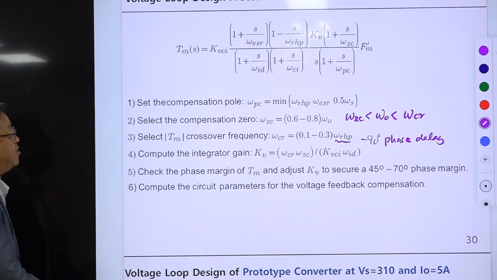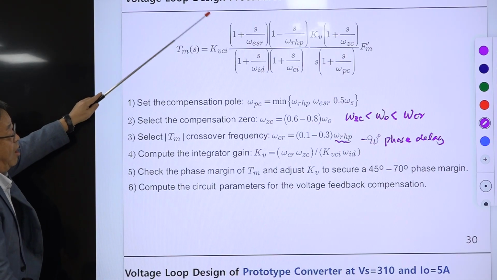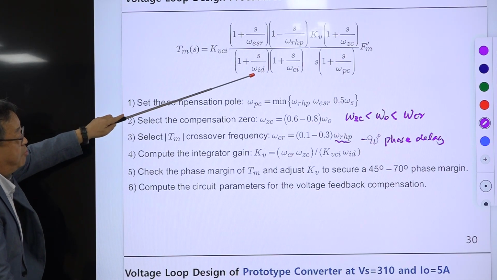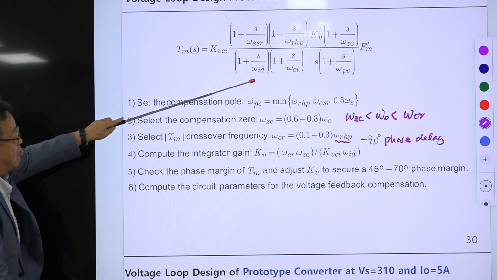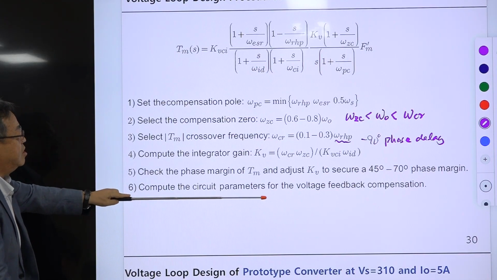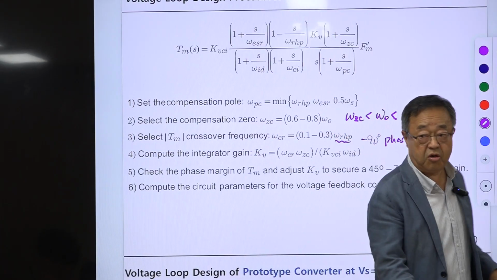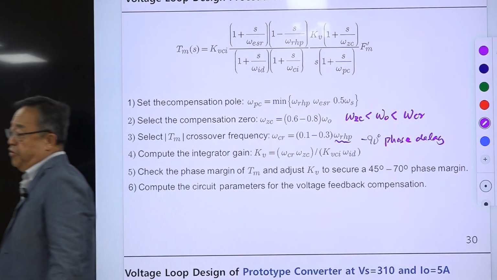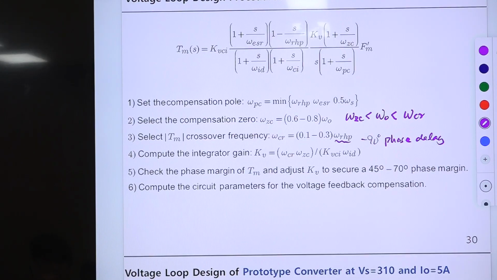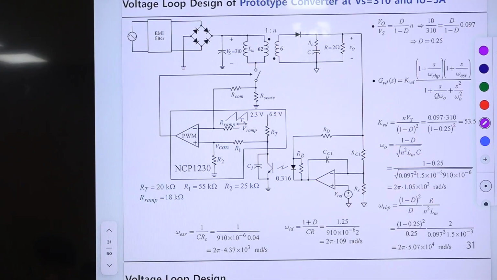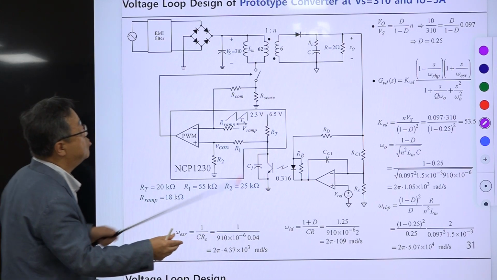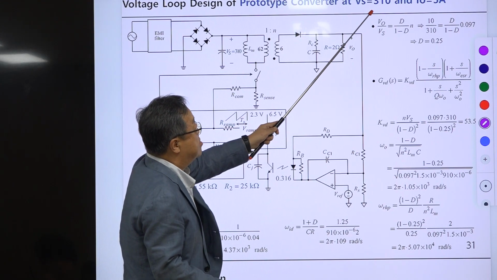Okay. And finally, because the values of the parameters are determined, you compute the value of circuit components based on the equations. We already derived that, or I showed it many times. So this is the example of our prototype converter, and the operating point was this one. This is not the best choice.